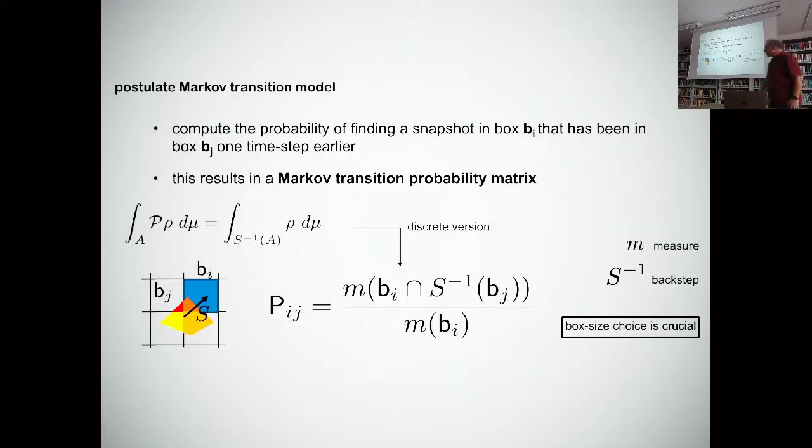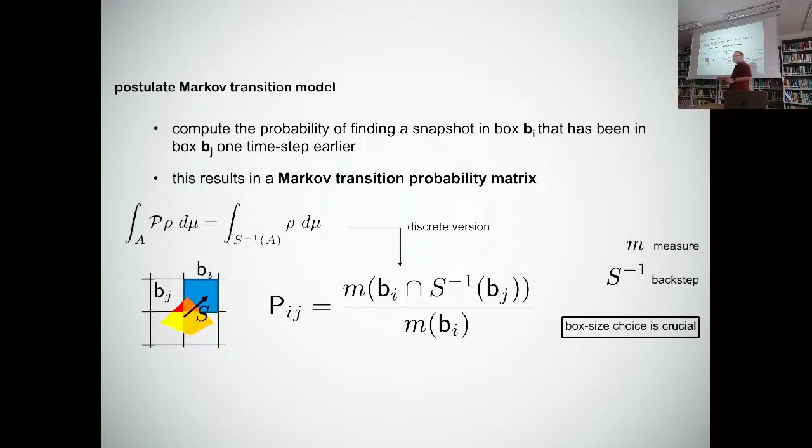Okay. So this was the integral version of a Liouville equation. If you discretize it, what do we need to do? We need to basically count all the events where we end up in box BI, and one time step ago we were in box BJ, the neighboring box, divided by all the snapshots that end up in BI.